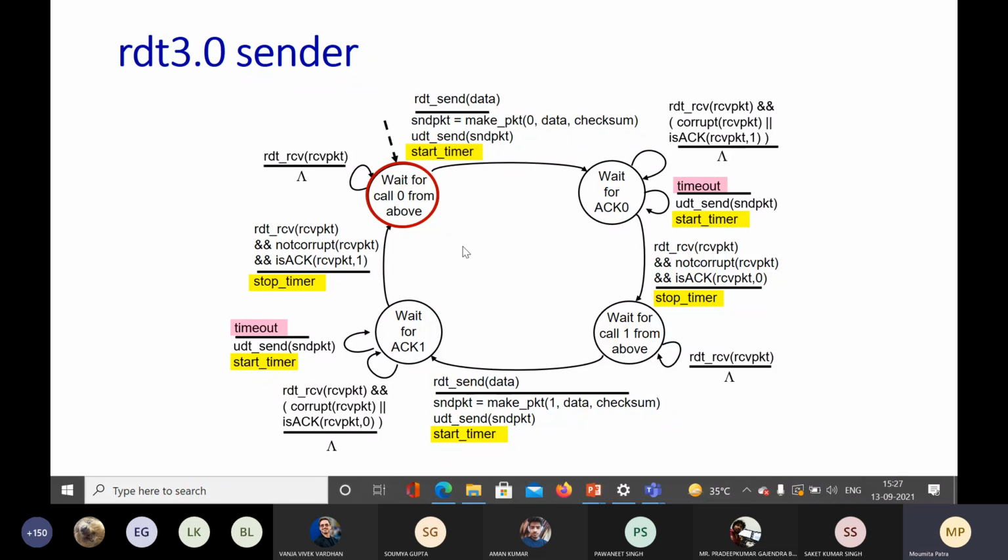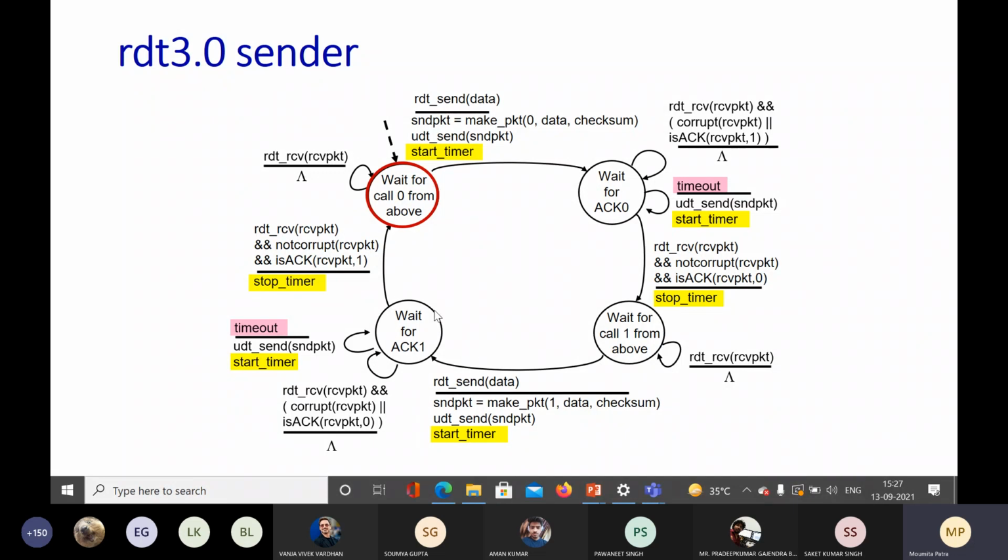All right. So basically, we are moving from this state. If a packet has been received correctly, fine, no action. Wait for call from above. Then, when there is a call from above for 1, of course you send the packet and then start the timer.